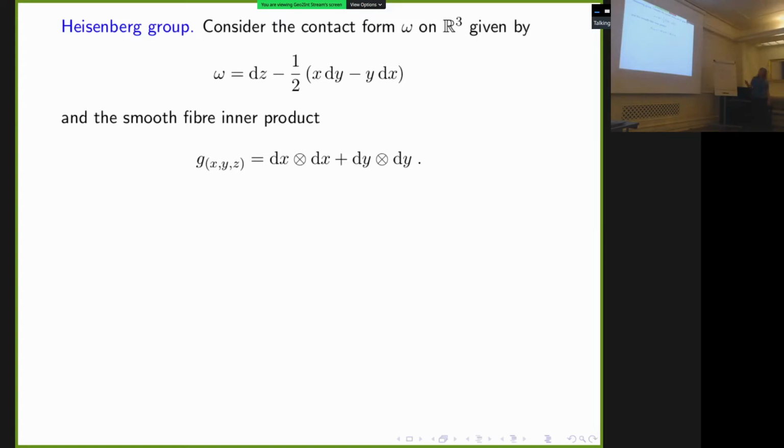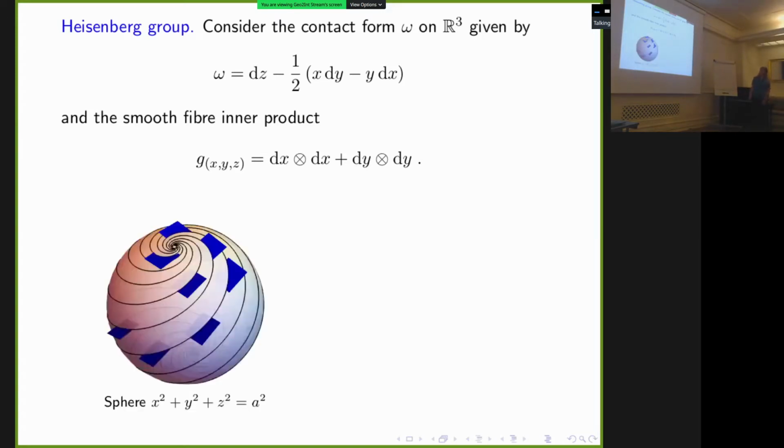Now take your Heisenberg group with this contact structure on R3, and consider a sphere in this space. At every point on your sphere, you have a tangent space to that sphere, and you also have the hyperplane, the contact plane coming from the contact structure.